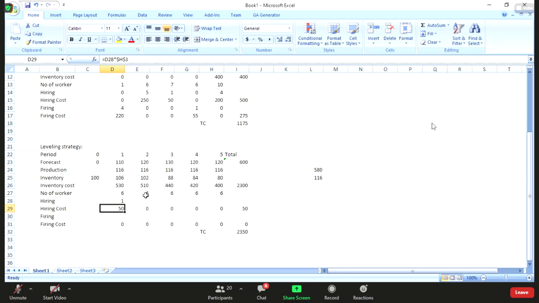That's the benefit of leveling: there is no dynamic, no hiring and firing, because we keep our production quantity constant. So here there is no hiring, and also no firing. This one is also the same.